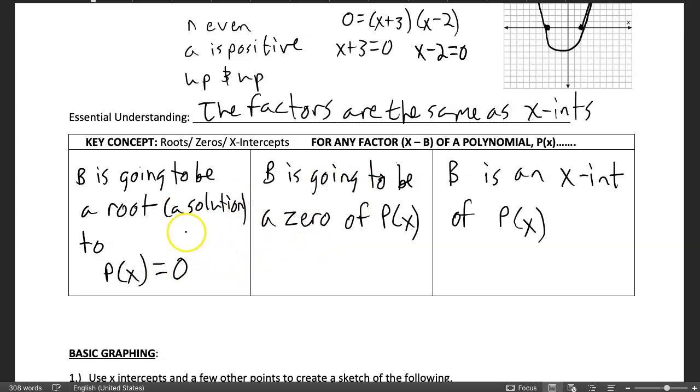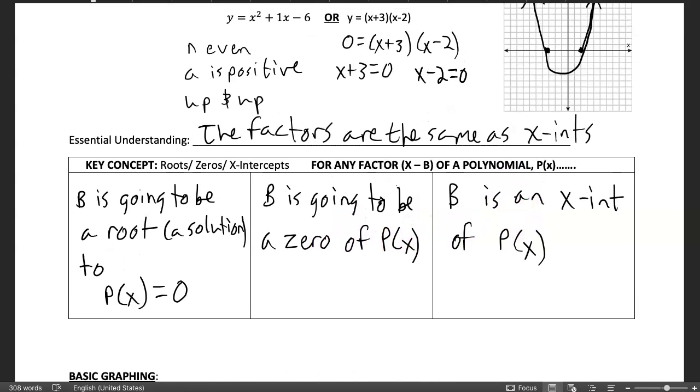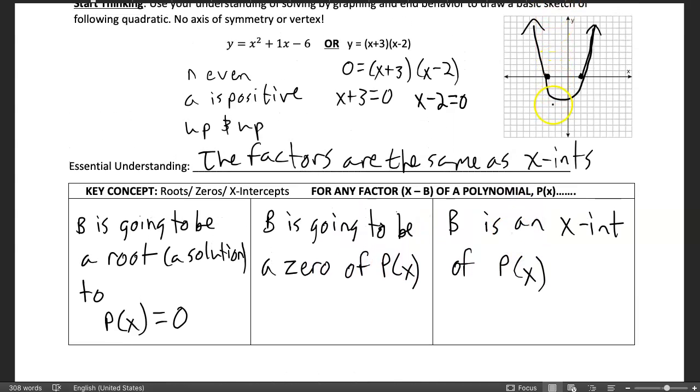So all three of these things are the same. B is a root, or a solution to this when it's equal to 0, but that also means that b is a 0, and when b is a 0, it's an x-intercept. Same as what we saw up here. B was an x-intercept, which meant it was also a 0, or a solution when we set this equal to 0.